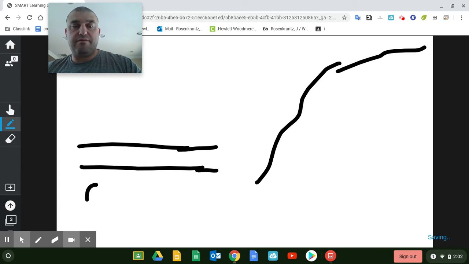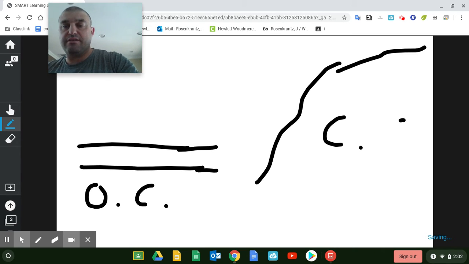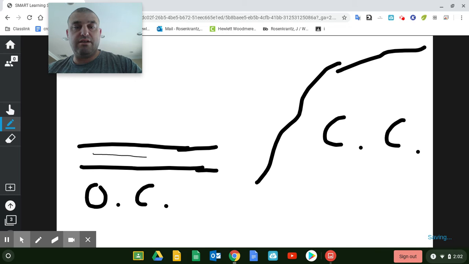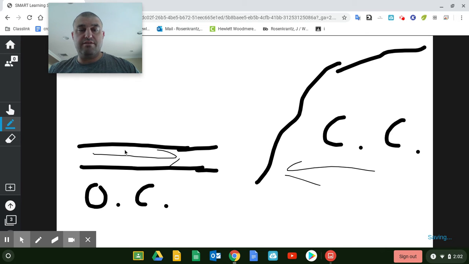So here you have, I'm going to write OC for ocean crust, and here you have continental crust. And the ocean crust is heading on a straight collision course to the continental crust. So the ocean crust right here is moving to the right. The continental crust is moving to the left. And they're going to collide.